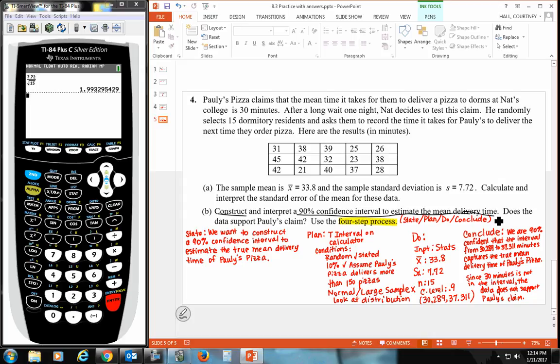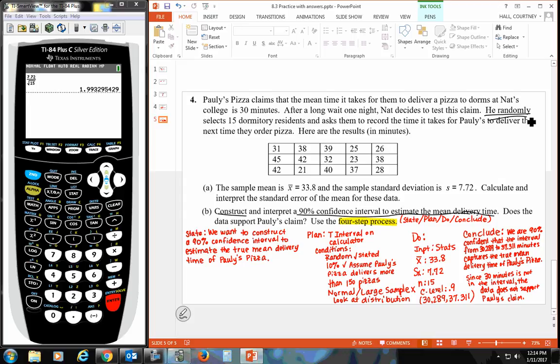The plan is that we're going to do a T interval on the calculator. We want to check the conditions that allow us to do that. We want to say that random is stated because he does say that he randomly selects 15. Okay, so 10%, we do assume that our sample size is 10% or less than our population.